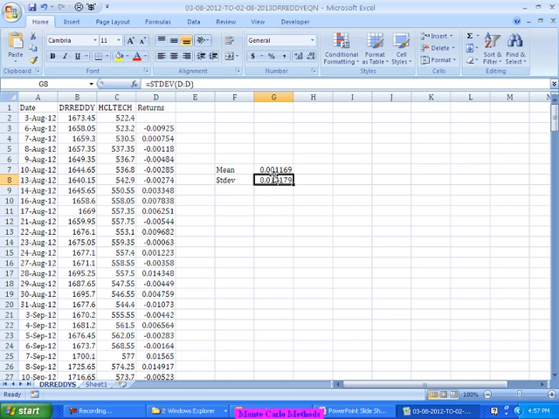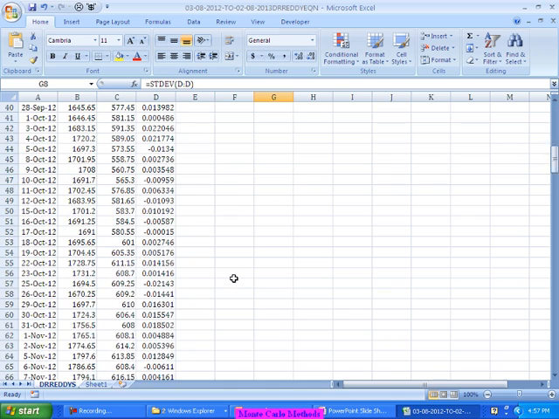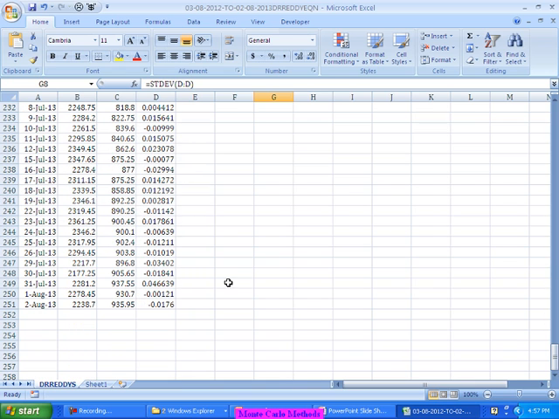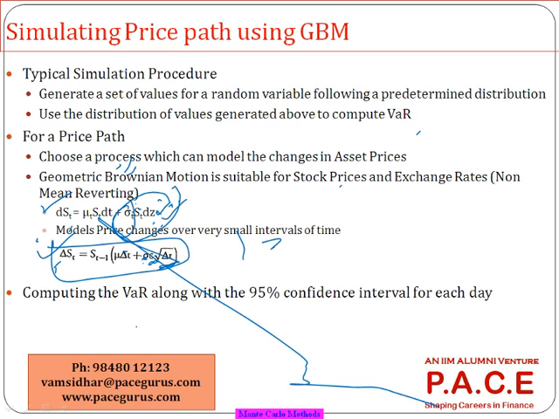So I have the mean and the standard deviation. Now, today's latest price is 2238. If I have to model the next price for tomorrow, the components are today's price into mu. Mu is already computed, the mean return.